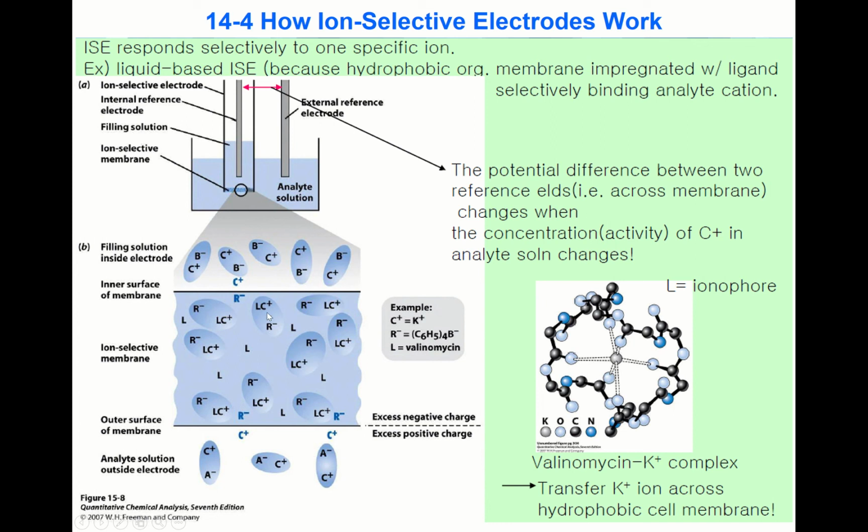Also at this internal membrane interface, there is a potential drop. Also here is a potential. The potential is developed, and all these potential differences are governed by the Nernst equation.